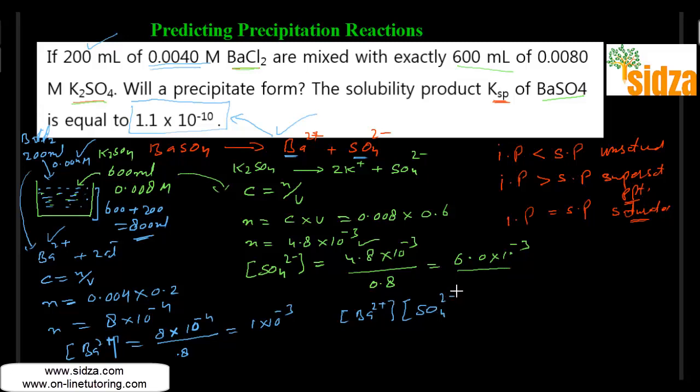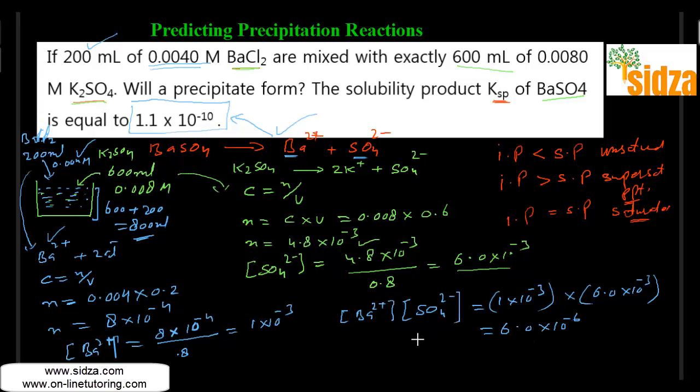You can use these values here. The barium is 1 into 10 to the power negative 3, into the concentration of the sulfate, which is 6.0 into 10 to the power negative 3. So when you simplify it, it is 6.0 into 10 to the power negative 6.